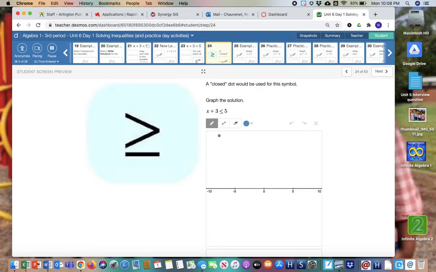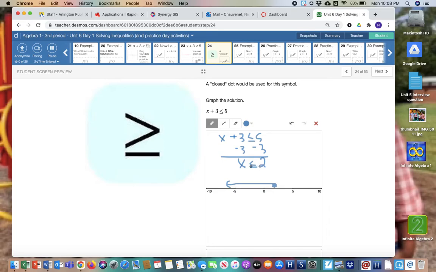So graph the solution. So here it's the same thing. x plus 3 is less than or equal to 5. So you're still going to make the same step here to solve, which is going to be to subtract 3 from both sides. And you're going to get x is less than or equal to 2. Now, though, I'm going to put a closed circle above basically where a 2 would be and draw an arrow to the left.